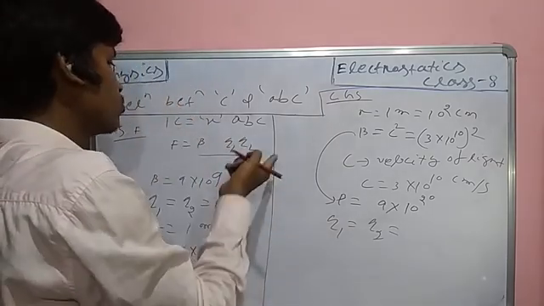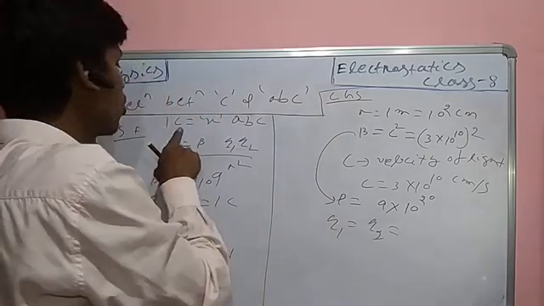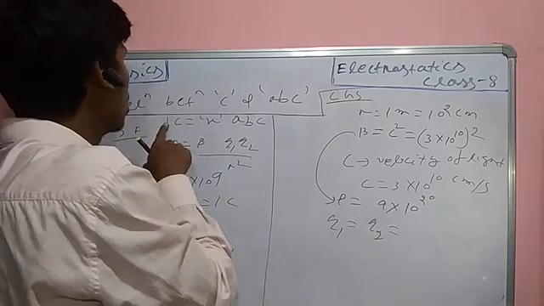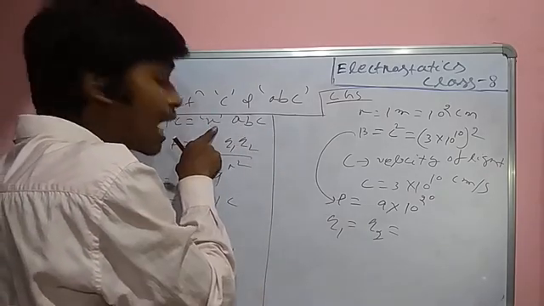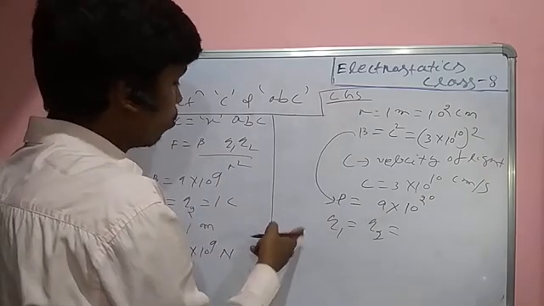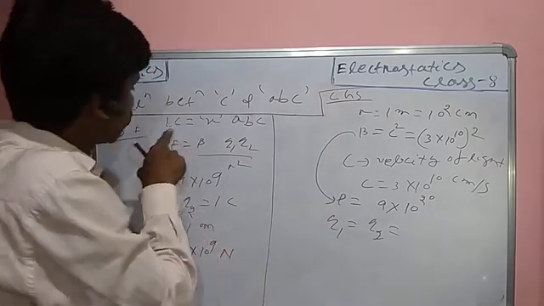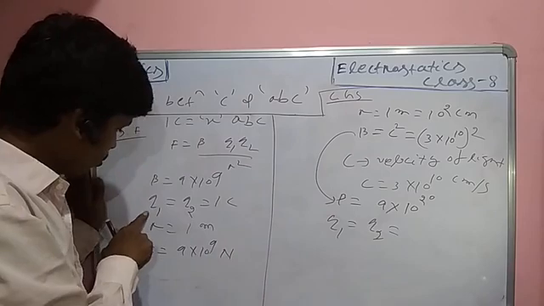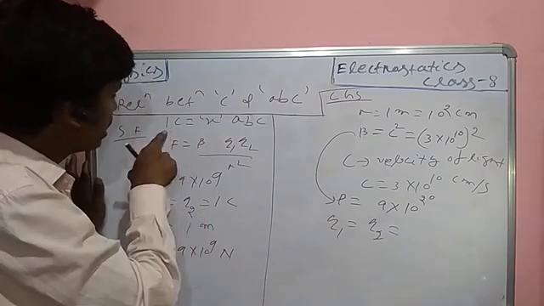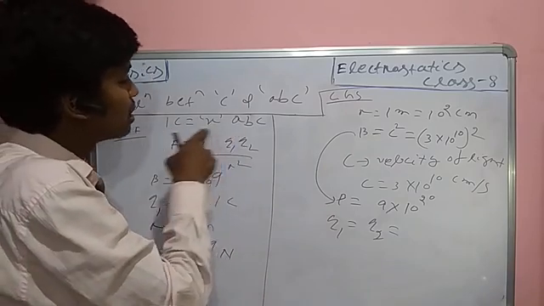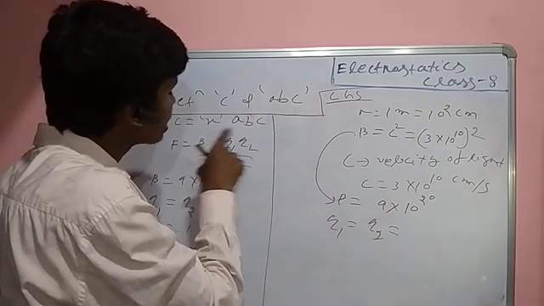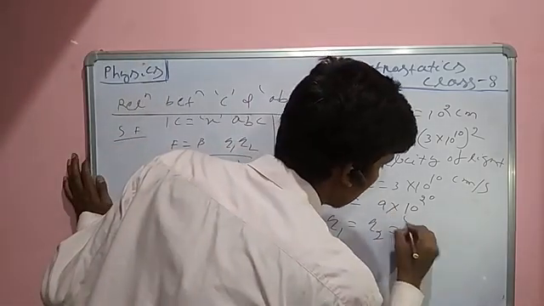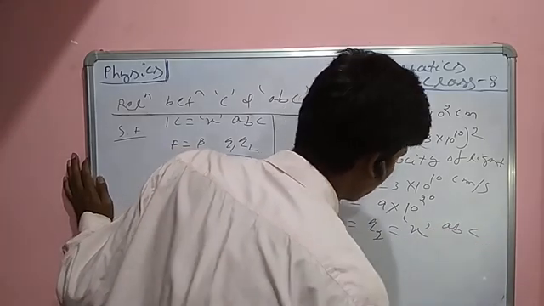Suppose we can write 1 coulomb is equal to X statcoulomb, that means 1 coulomb in SI is X statcoulomb in CGS. So Q1 is equal to Q2, which is 1 coulomb in SI. On the right side, in the CGS unit, statcoulomb, Q1 is equal to Q2 is X statcoulomb. Yes or no?